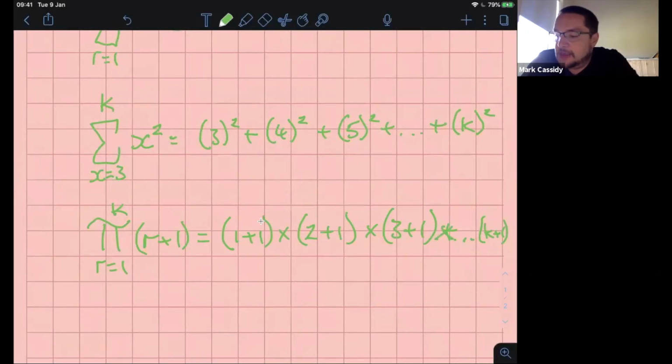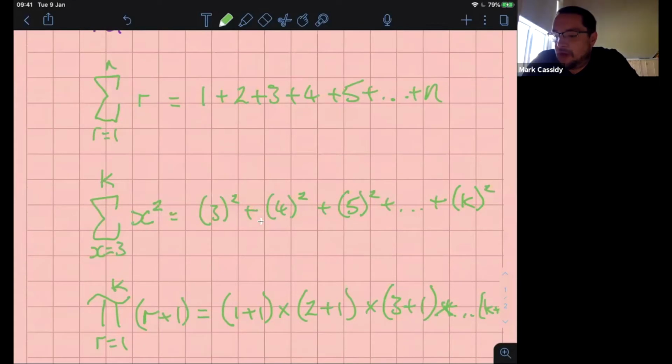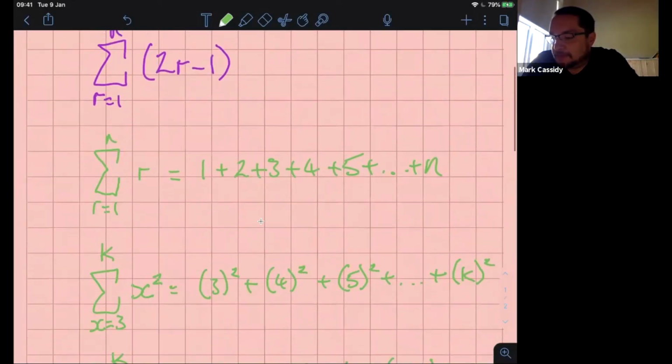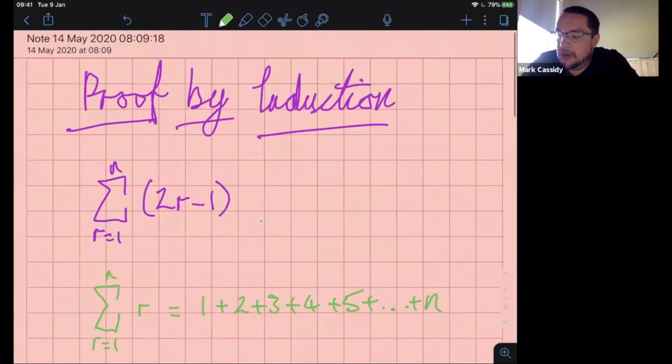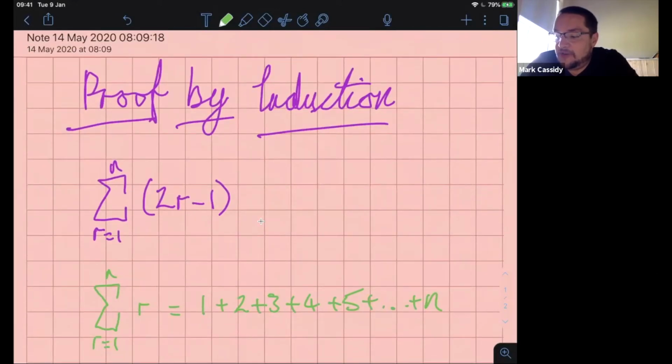All right, so you might see the pi one crop up from time to time, but the main one that you'll see at A level is the sigma symbol, and that just means sum of. Okay, so the sum of 2r minus 1 from r equals 1 to n. That's how we would describe that.